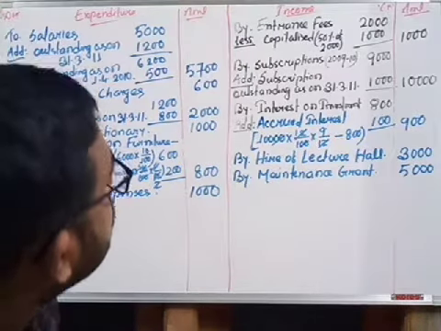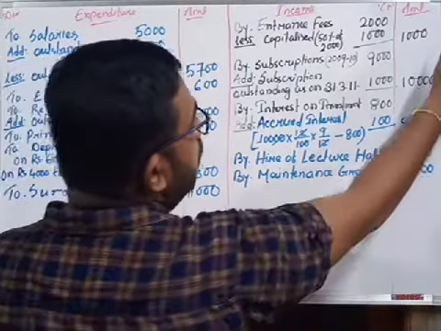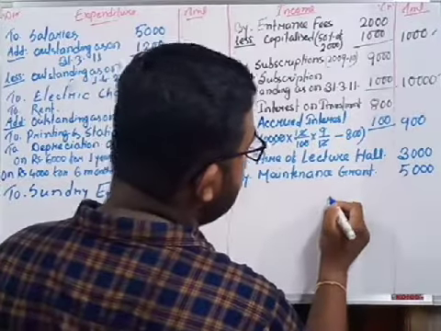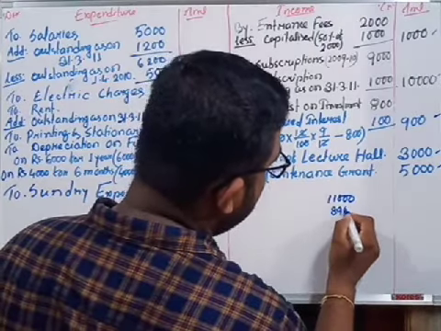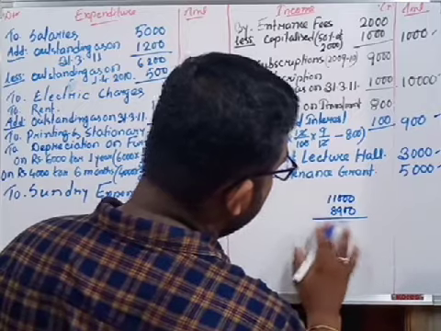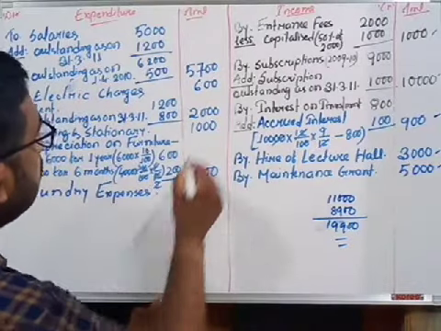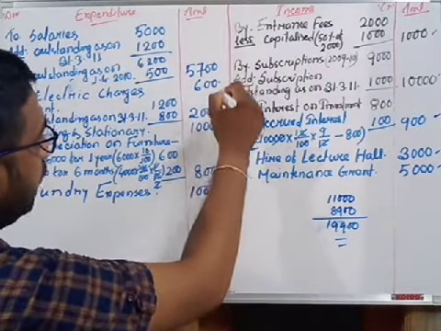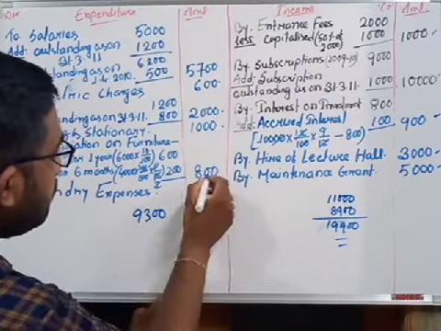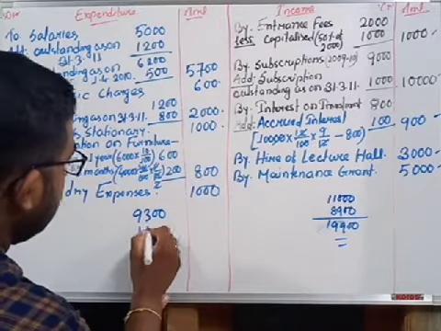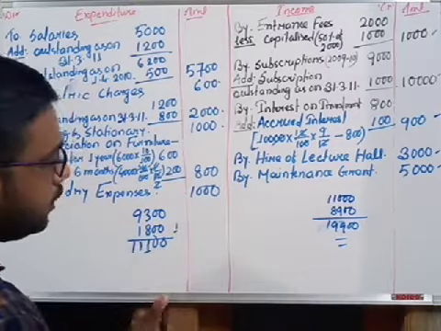Okay, so we have to find the balance, that is, which side is greater. So first, the income side. 1,000, 10,000, 11,000, 11,900, 3,900, 8,900. That is 19,900 on the income side. Then 5,700 plus 600, 6,300, 8,300, 9,300, then 1,800, and cash in hand, 11,000, 1,100.